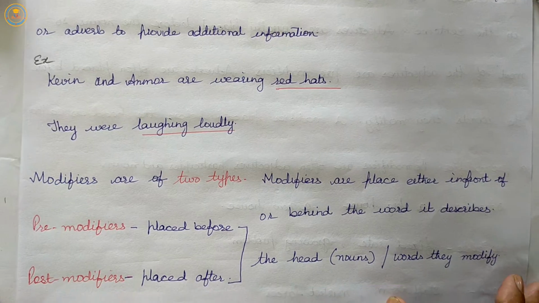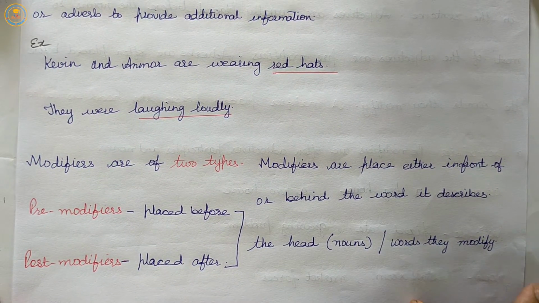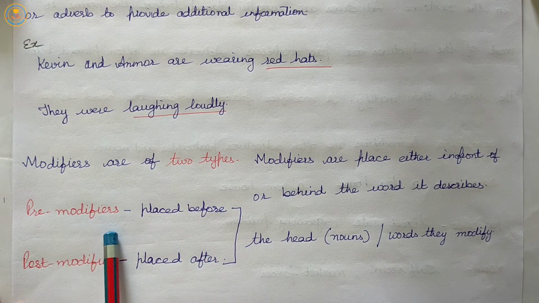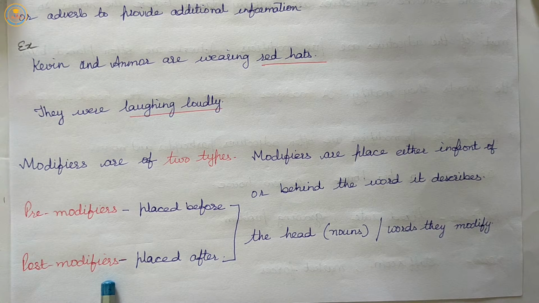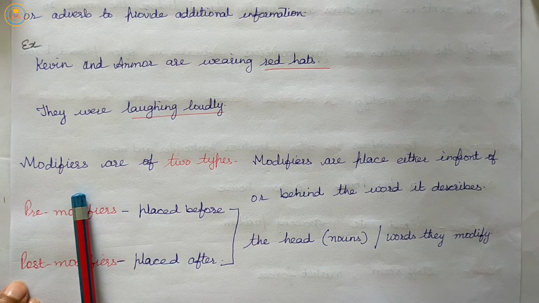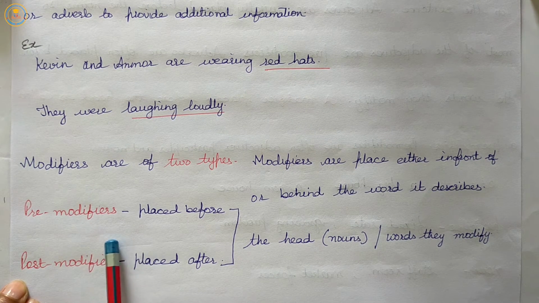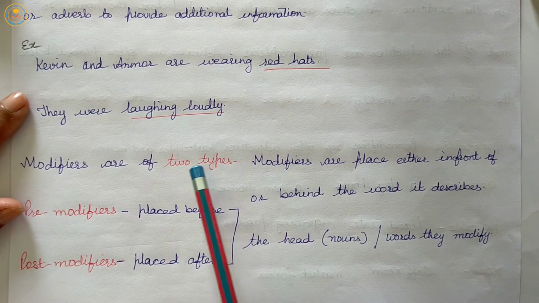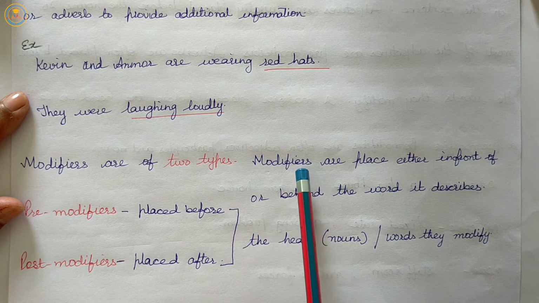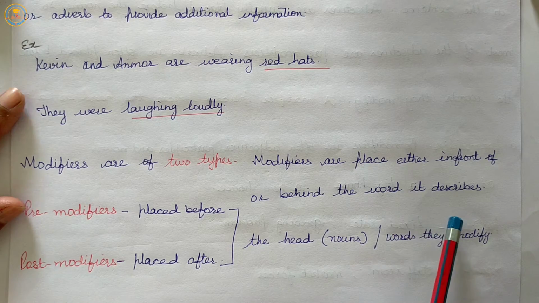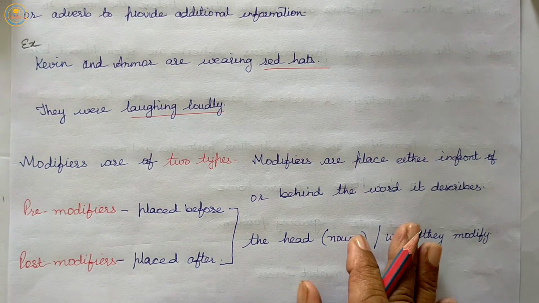Modifiers are of two types. First, pre-modifiers. Second, post-modifiers. Modifiers are placed either in front of or behind the word they describe. Listen.